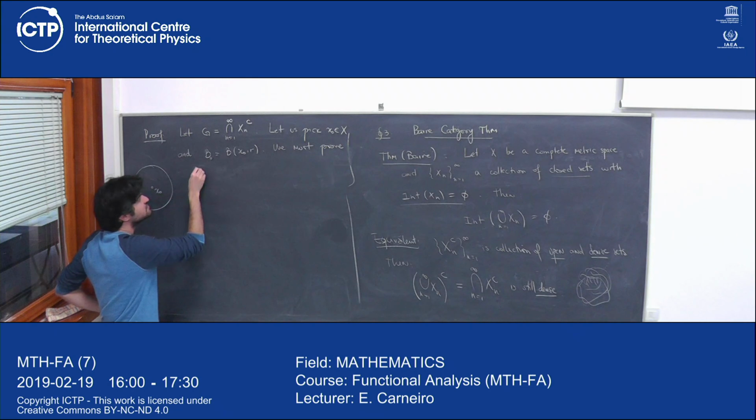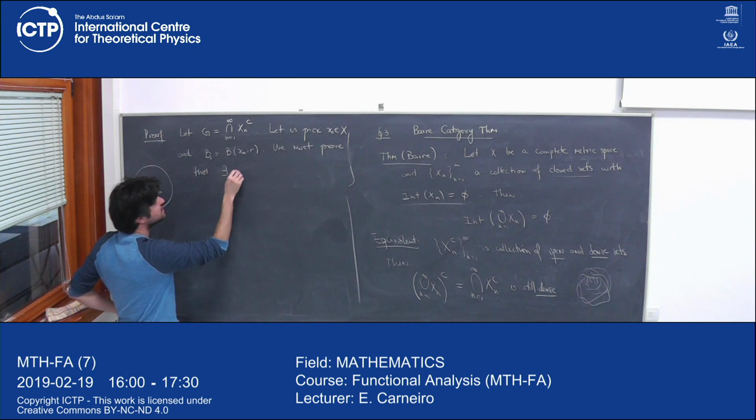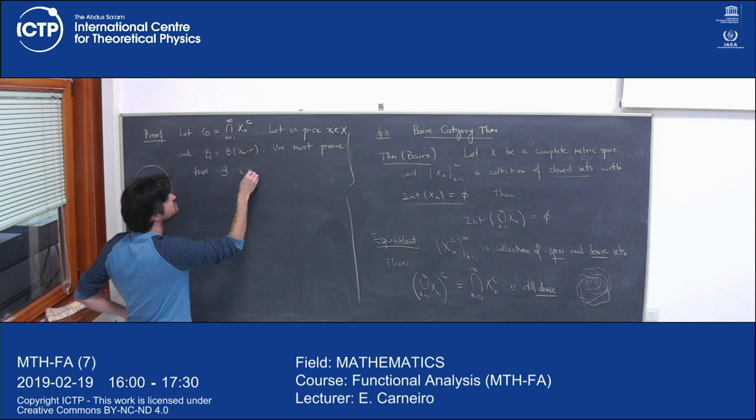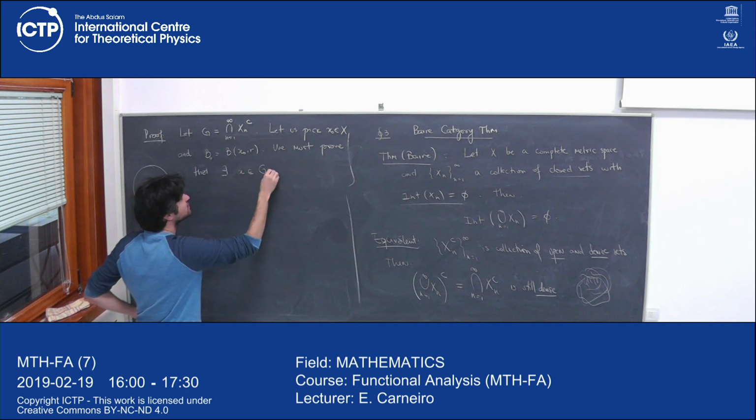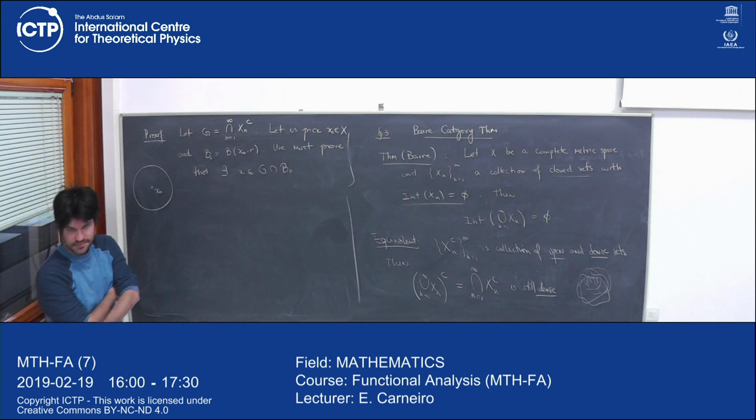that there exists a certain x that belongs to G intersection B0. Right? This is what we have to prove. Okay. So, sorry, what we mean by dense is that any neighborhood around the point intersects the set.